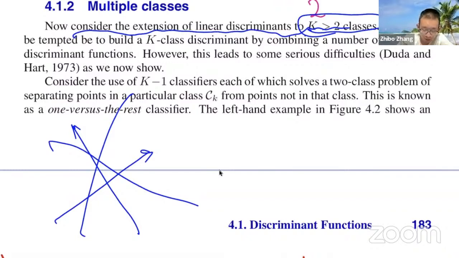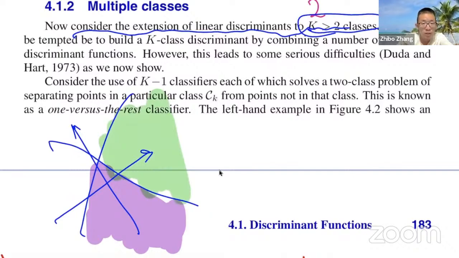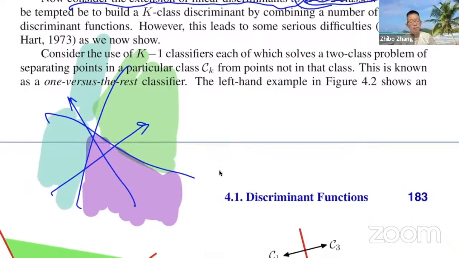In this case, this one can be one category, this one can be another category, this part can be another category, this one can be a third category, and this can be the fourth category.